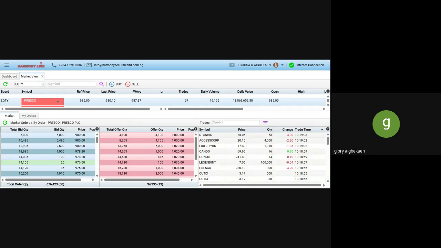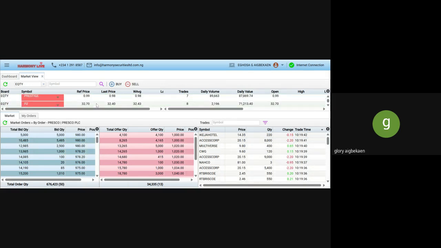I mentioned in the forum that based on the valuation I have done, Presco is going to hit 1,000 naira. Some persons in the forum were not very optimistic like me. They said, "Yeah, Presco will hit 1,000 naira, but not this year. That would be a long time." But right now, before us, Presco is already trading at 1,000 naira.